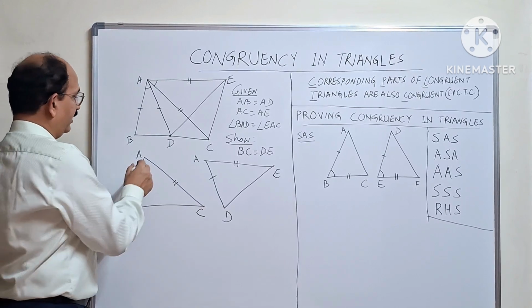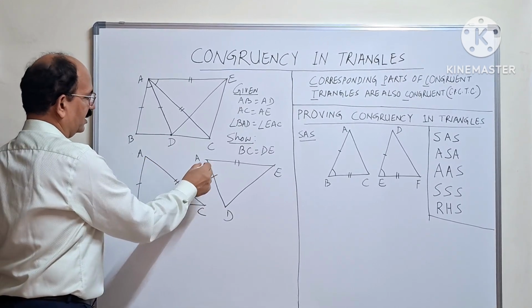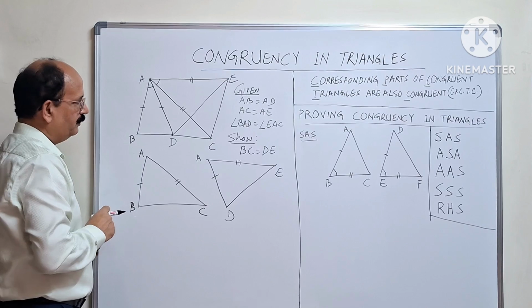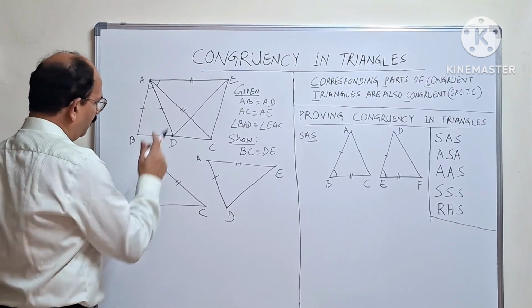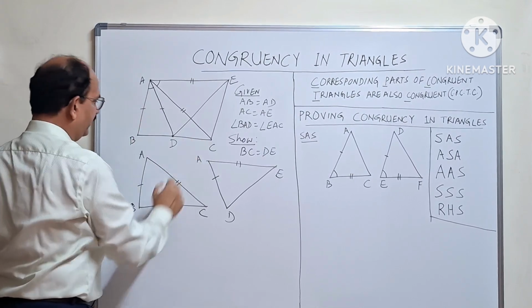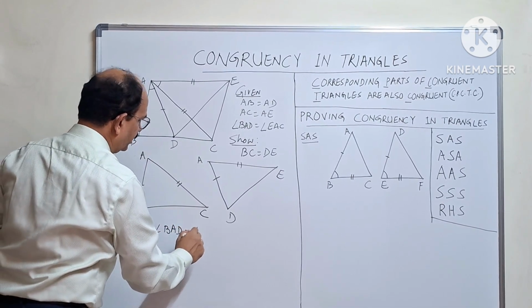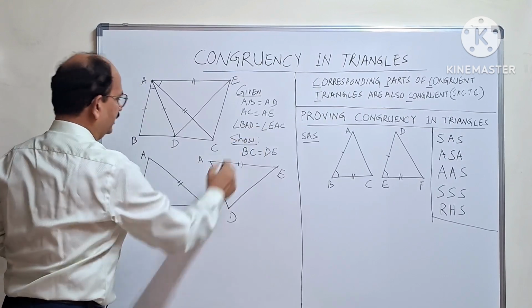What is not given is the intervening angle between these two sides. But it is given that angle BAD is equal to angle EAC.